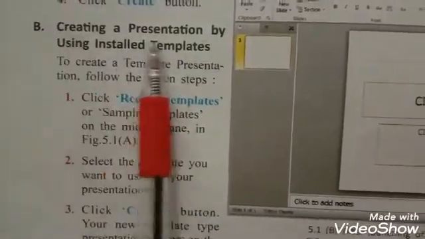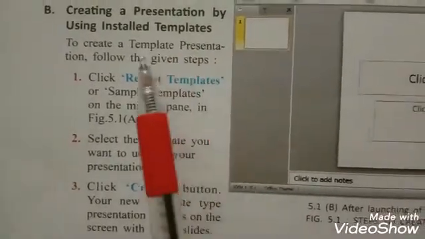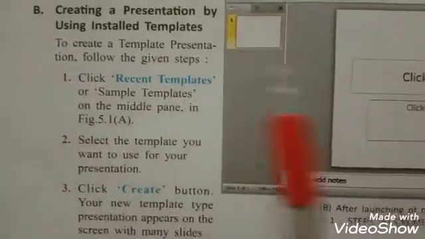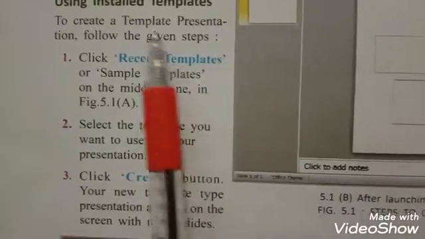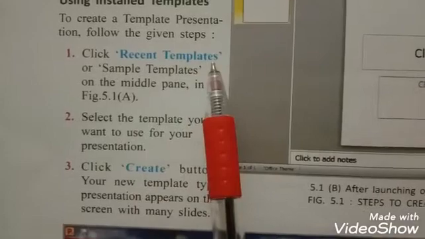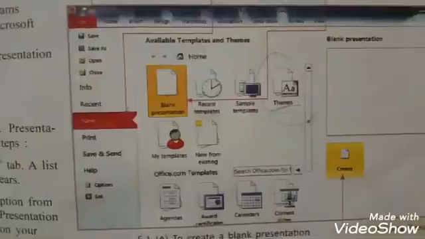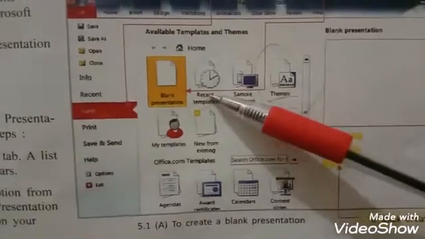Second way, creating a presentation by using installed templates. To create a template presentation, follow the given steps. First one is click Recent Templates or Sample Templates on the middle pane in this figure.